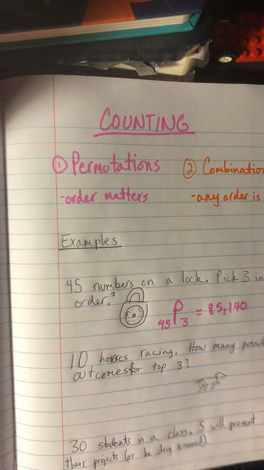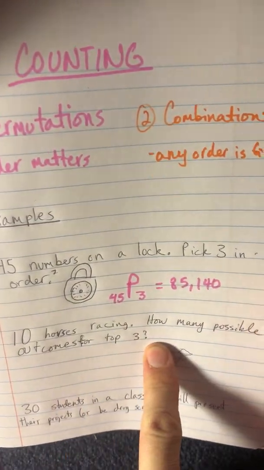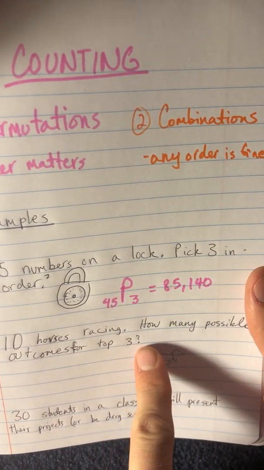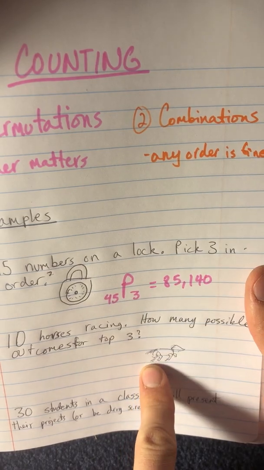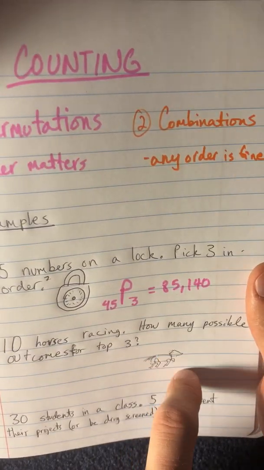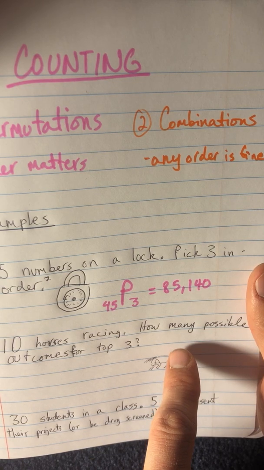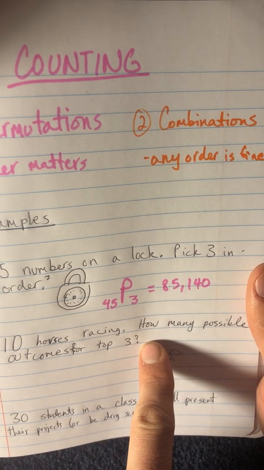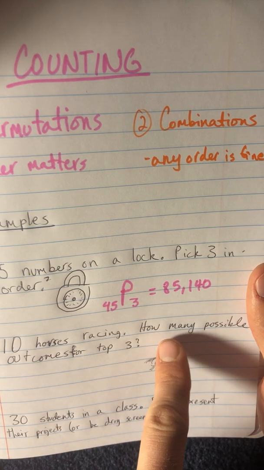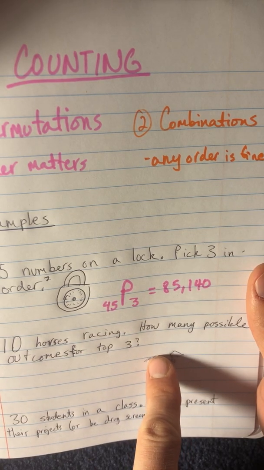Okay, here's another one. You have a horse race. Maybe you have 10 horses racing. How many different possible outcomes are there for the top 3? This would be win, place, or show, and the order matters. Think about it. If a horse finishes first, it matters as opposed to finishing second.